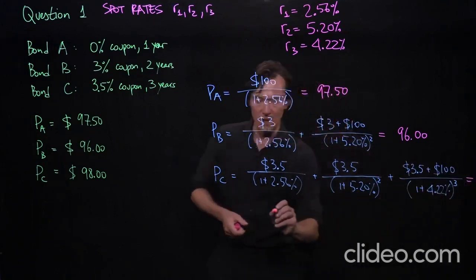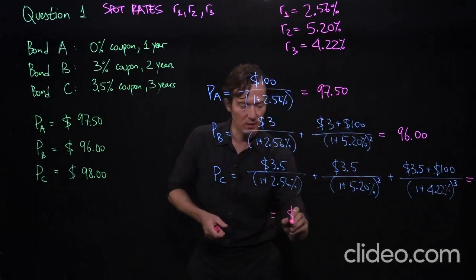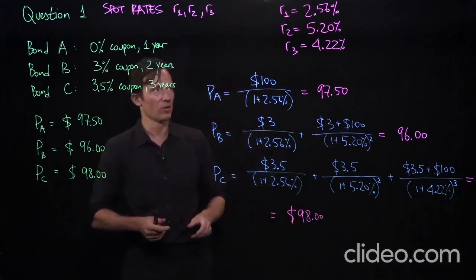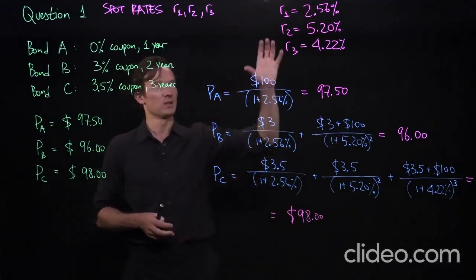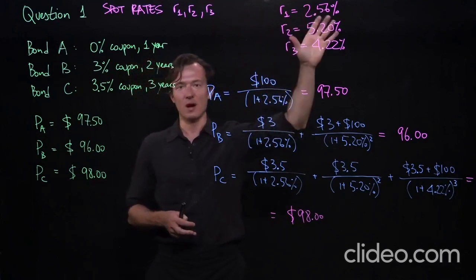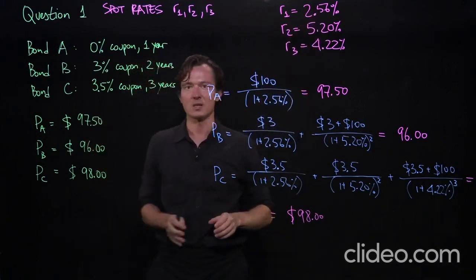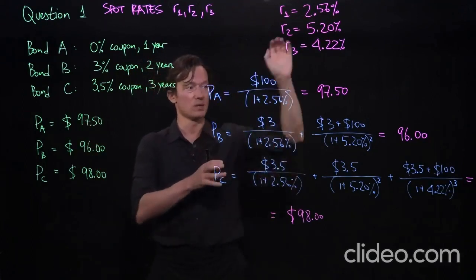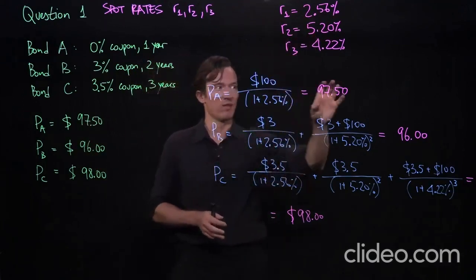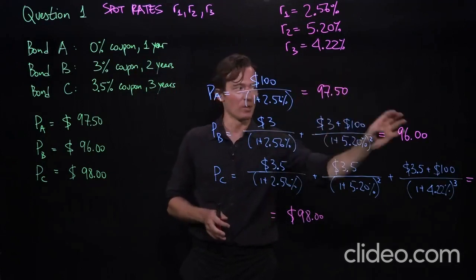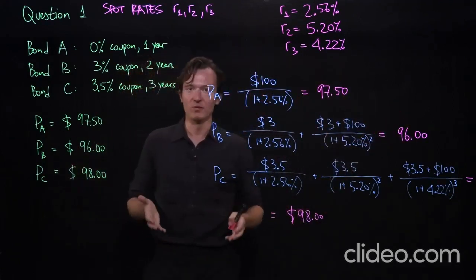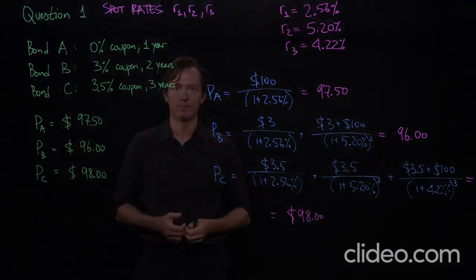If we compute this price, we will find that it also equals $98. So we've confirmed that if we plug the discount rates we found from given bond prices back in and price these bonds, we will indeed find the bond prices that were given in this question, which means that we have solved this question correctly.